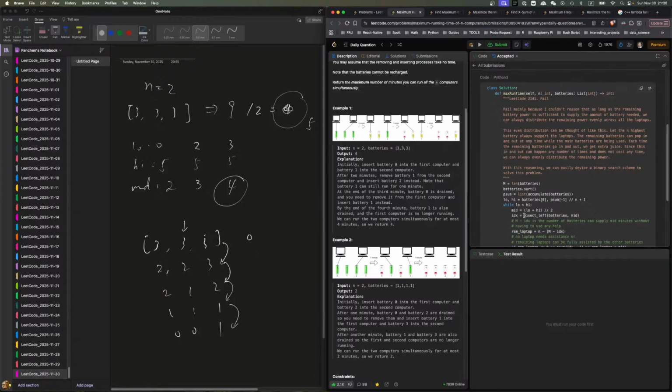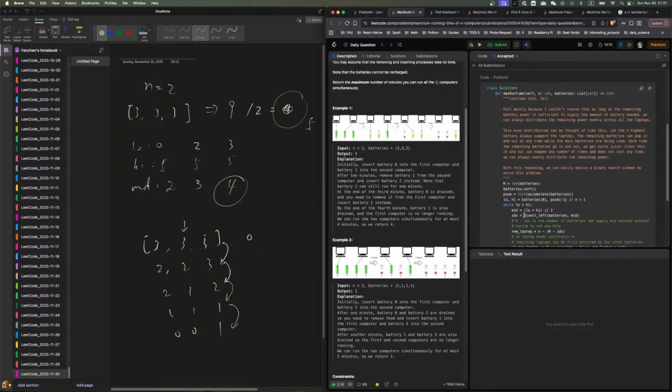I don't understand. Oh, hold on. This is the batteries. This is the batteries. Okay, yeah, remaining laptop. That's the remaining laptop. It makes sense. So these are the laptops that require assistance. So we know how much battery we need, which is mid times remaining laptop.